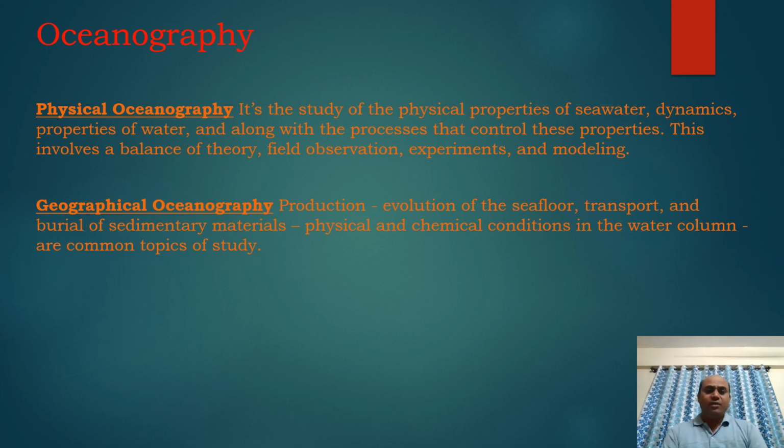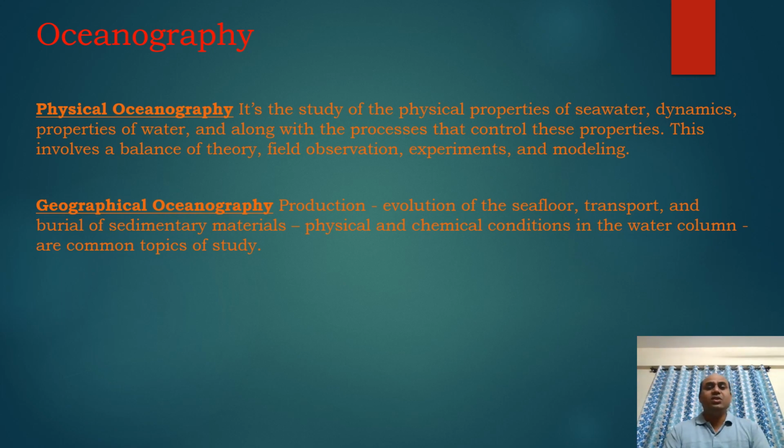In oceanography, there are many types. If you study deeply in this micro teaching, they are physical oceanography, geological oceanography, chemical oceanography and biological oceanography. So we will discuss these four important branches. The first is physical oceanography.